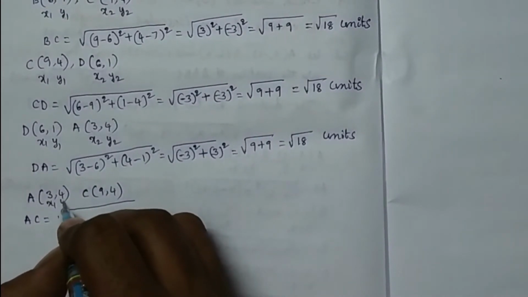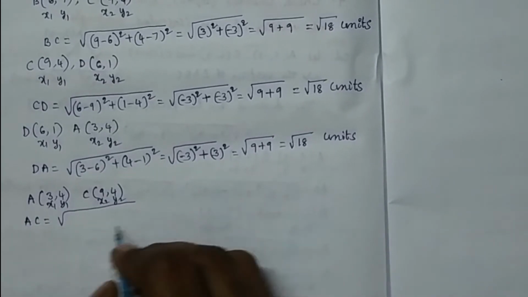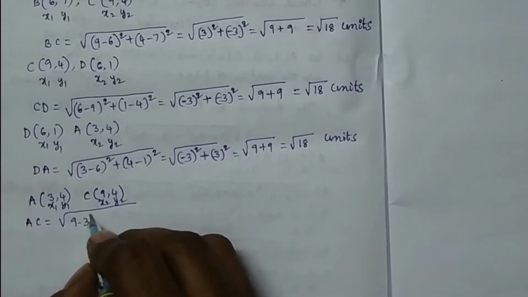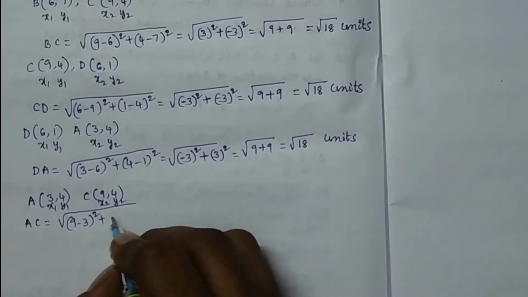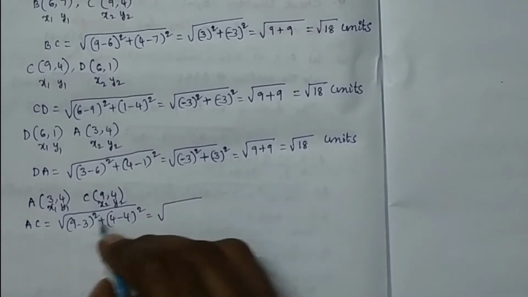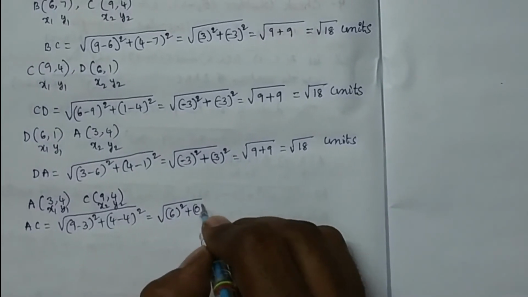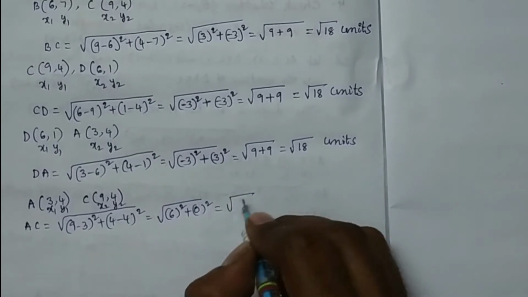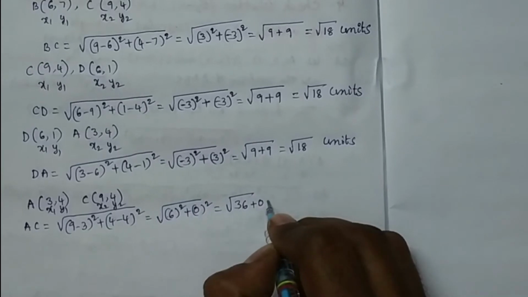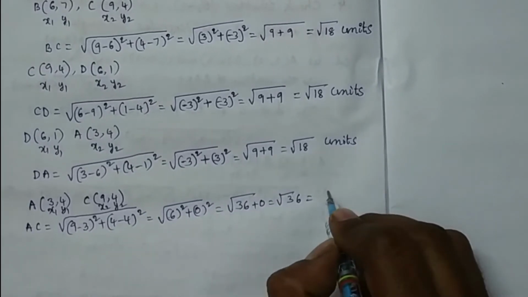Take as x1, y1, x2, y2 and substitute: 9 minus 3 whole square plus 4 minus 4 whole square, that is 6 square plus 0 square, square root of 36 plus 0, square root of 36, that is equal to 6 units.